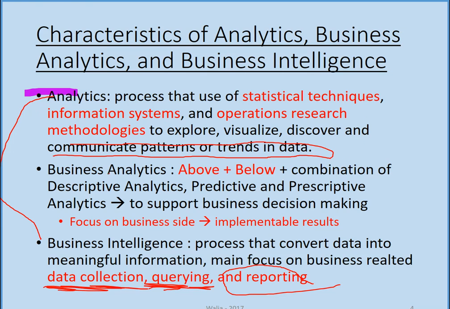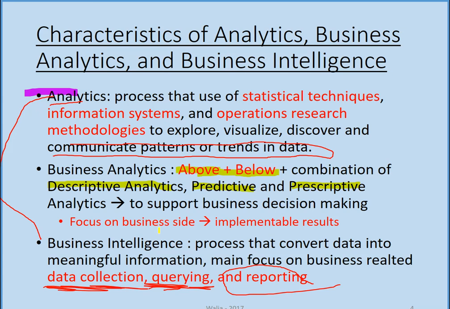And now the business analytics field combines both analytics and business intelligence. So business analytics includes the above, I mean analytics and BI, plus combinations of descriptive analytics, predictive analytics, and prescriptive analytics. And again, our goal is to support business decision making, because we are doing business analytics, not only analytics.